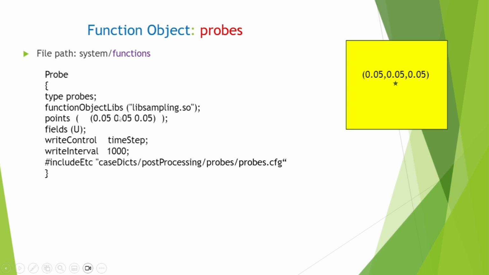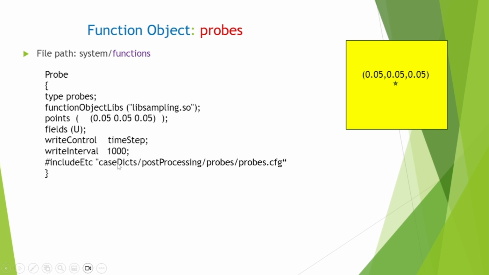The function object library is libsampling.so, and here we list out all the points. Currently I have given only 1 point, so we can add more points here. The required field is u magnitude, that is velocity. Then again these two are similar. Write control is the time step and the interval is 1000, which is same as the value given in control dict.